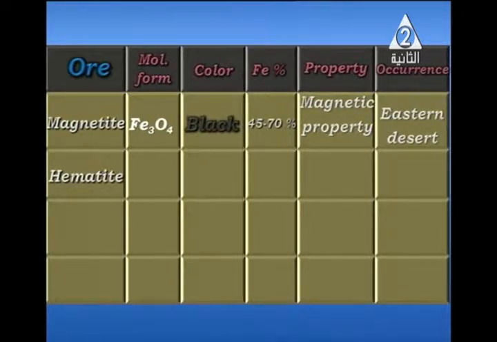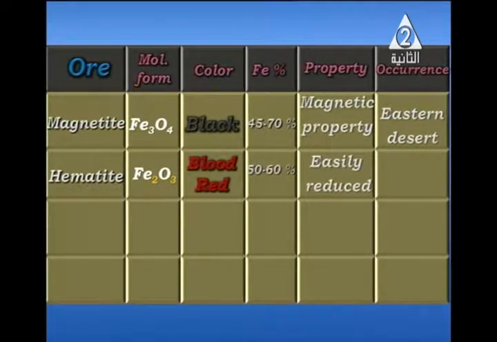The second type of ore, hematite, has molecular formula Fe2O3, has chemical name iron 3 oxide, has blood red color, and the percentage of iron ranges from 50 till 60%, and it is easily reduced, and it is found in oasis area.